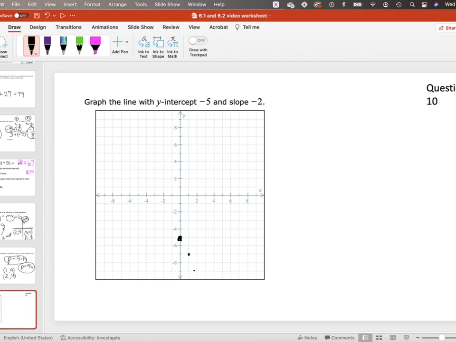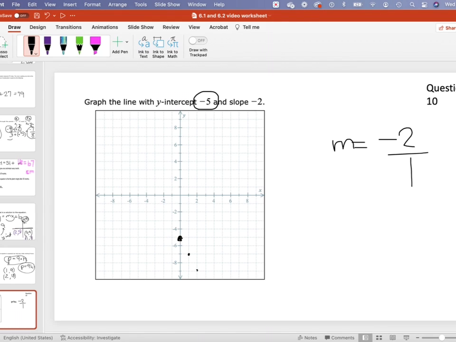Remember, the slope is negative 2, and we could write negative 2 over 1. So we start at the y-intercept when we're graphing, negative 5, and we're going to go down 2, right 1, down 2, right 1, down 2, right 1, down 2, right 1.